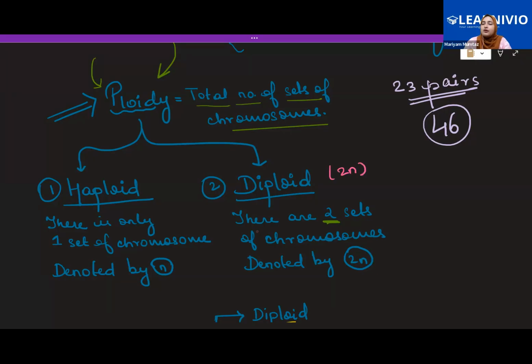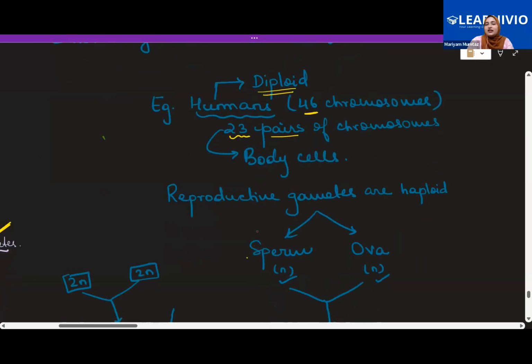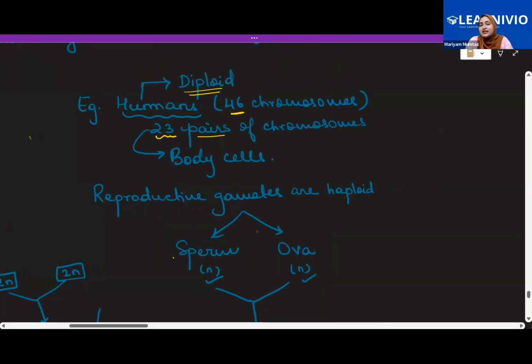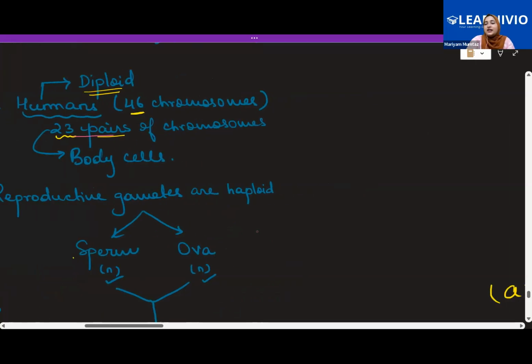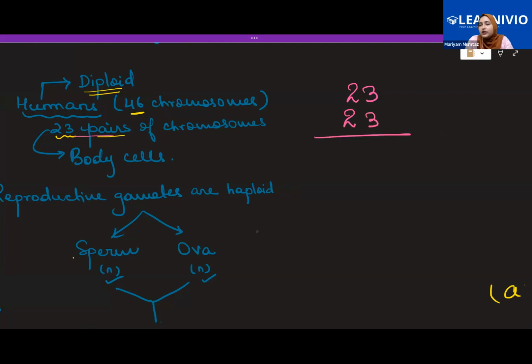Now students, do you know how many chromosomes are present in human beings? 23. Not just 23. In human beings, there are 23 pairs of chromosomes. As human beings, we are diploid. So we have 23, one set, and then another set, 23. So all in all, we have 46 chromosomes.